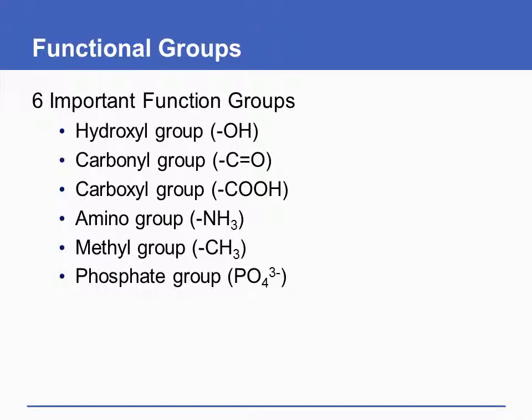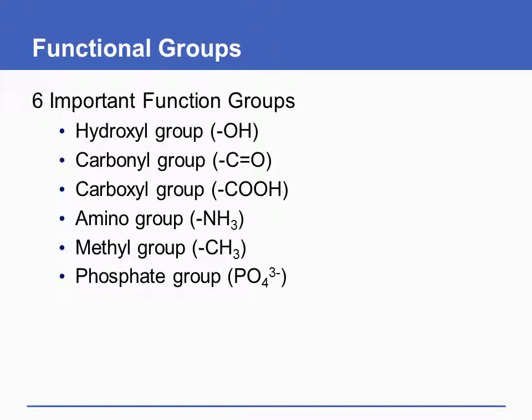There are 6 functional groups that I absolutely want you to know. The hydroxyl group, which is simply an OH, and you saw that both in estrogen and testosterone. The carbonyl group, C double bonded to an O. The carboxyl group, which is C double bonded to an oxygen and then an OH group, or COOH.